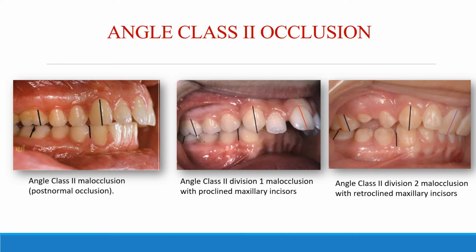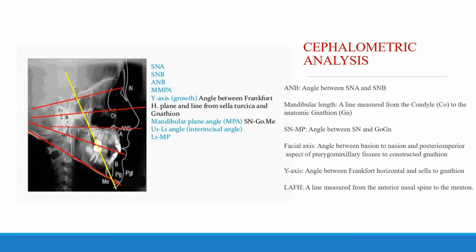These are independent functional units, but their interrelationship in 3 dimensions can produce several variations in the morphology of all dentoskeletal malocclusions, including class 2 forms. Of course, for any proper diagnostic aim, we use cephalometric analysis, and we discussed the purpose of cephalometric analysis several times in our previous lectures.